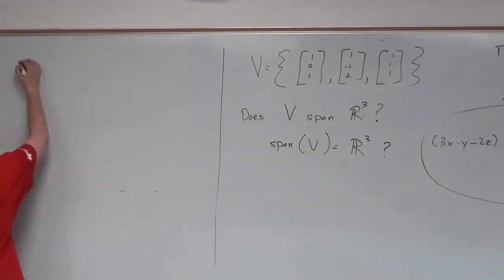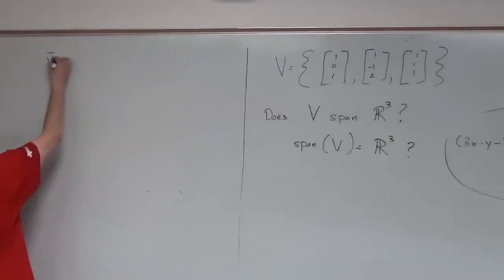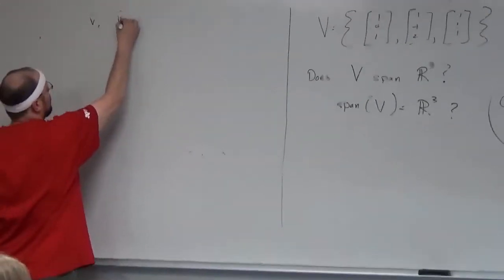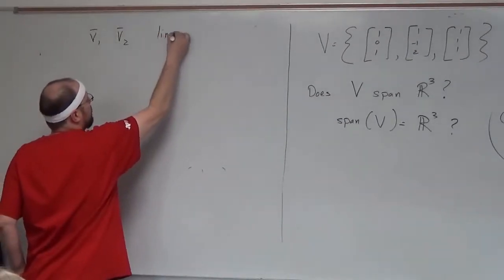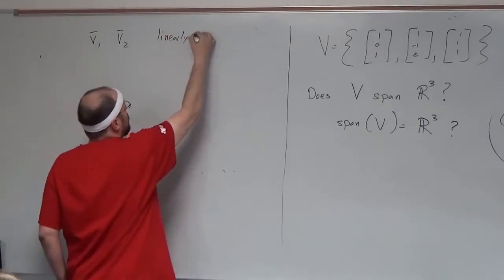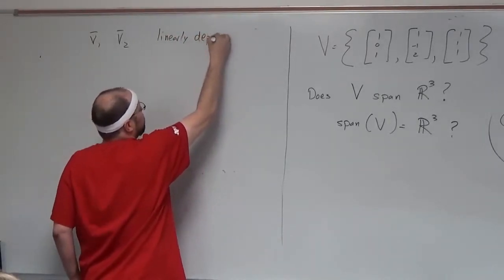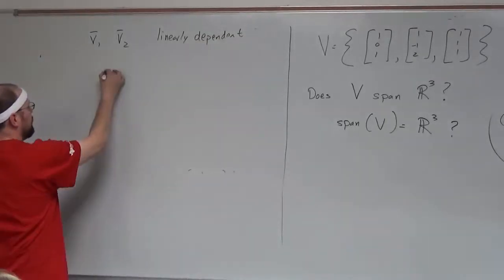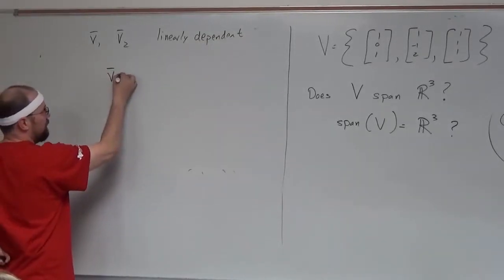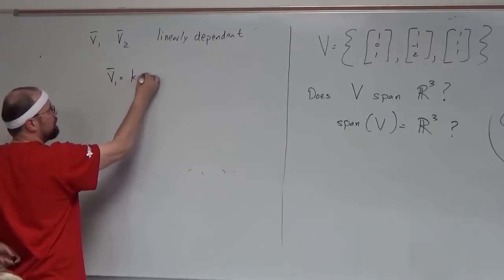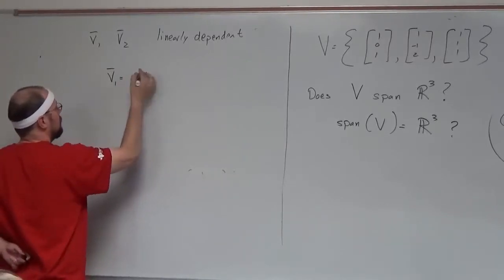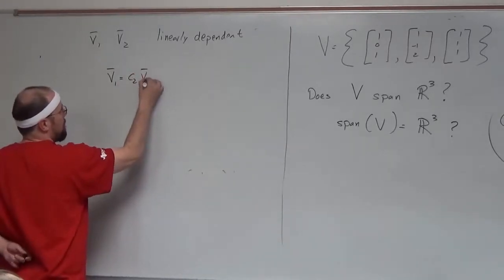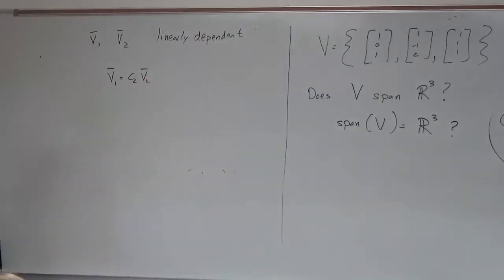The name linearly dependent makes perfect sense because both of these vectors lie on the same line. So one is just a multiple of the other.